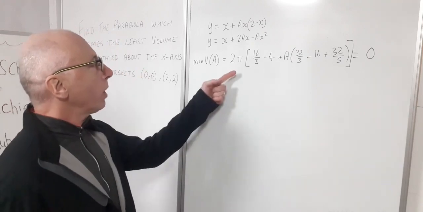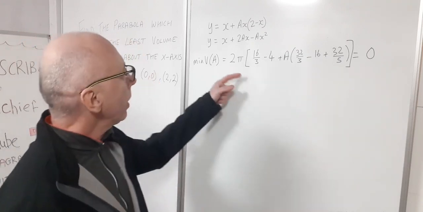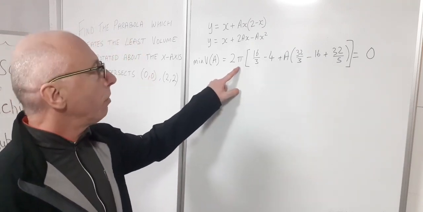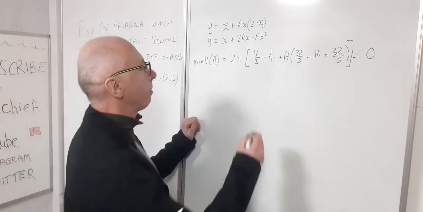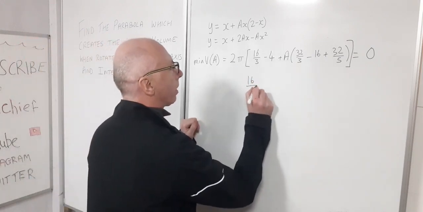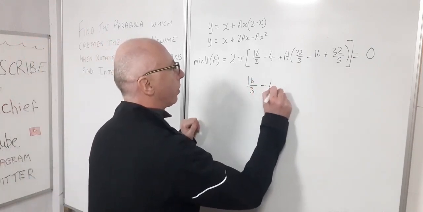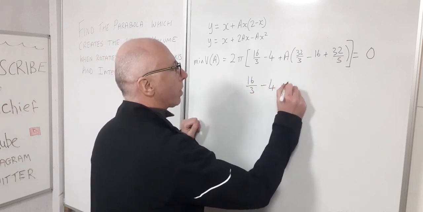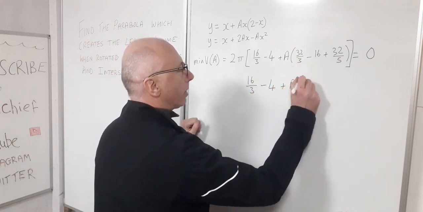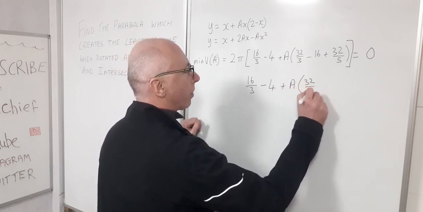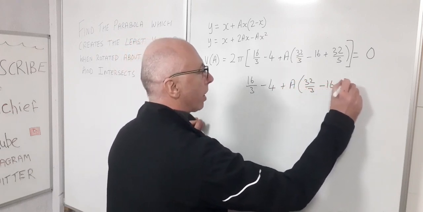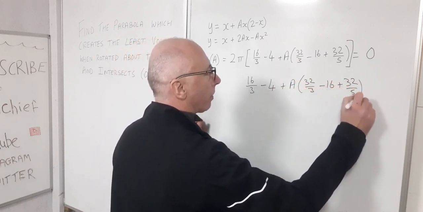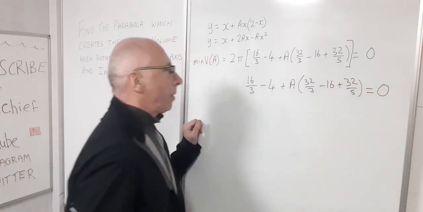So what we can do is divide both sides by 2 pi. So that would get rid of my 2 pi. So then I'm left with 16 over 3 minus 4 plus A times 32 over 3 minus 16 plus 32 over 5 equals 0.